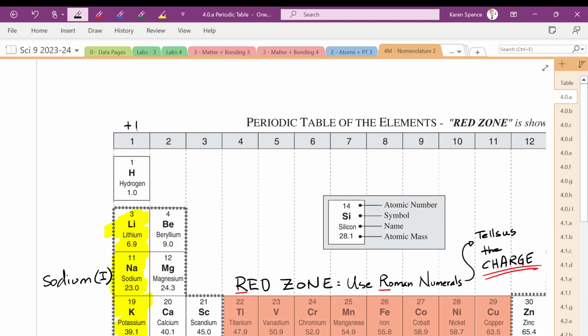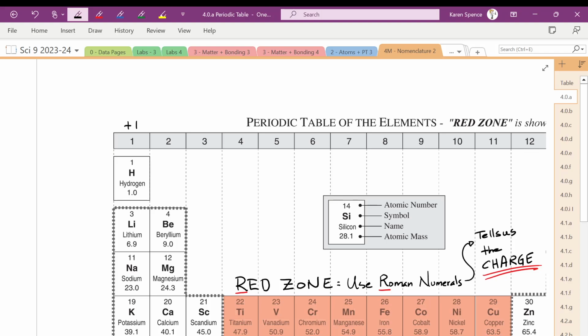So do I need to tell you that it is sodium 1? Or do you already know that? You already know that. It's like in this class, I have 3 Sophias. Yes? So when I say Sophia, I'll usually say Sophia D or Sophia Kim or Sophia K because I need to distinguish which one I'm talking to.